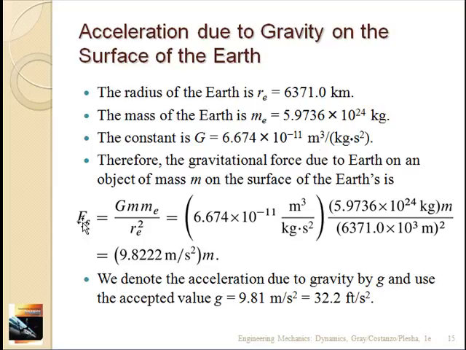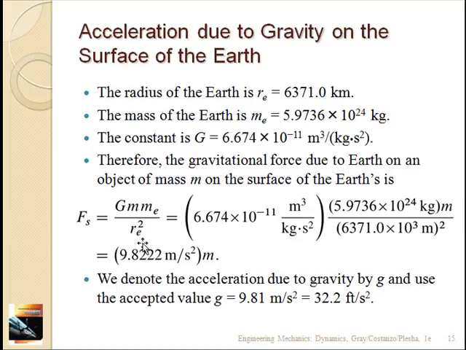Okay, so the force between some body of mass m and the Earth is G times that body's mass times the Earth mass divided by the square of the distance. If that body's on the surface of Earth, then it's the radius of the Earth that's the distance between them. So if you work that out, it's 9.82 times m gives you the force.